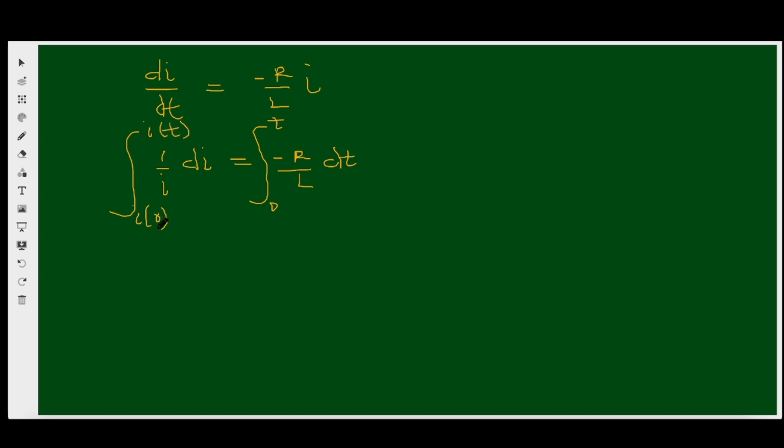So if you integrate 1/i, we will have ln i from i naught to i, and this is minus R/L from 0 to t. Imputing the boundaries, we have ln i minus ln i naught equals minus (R/L) t minus 0. So what does that give us?